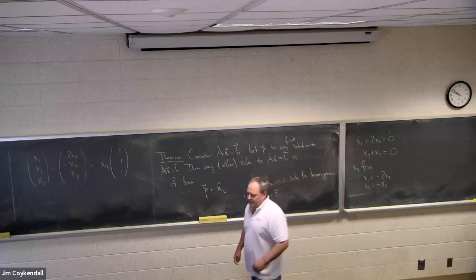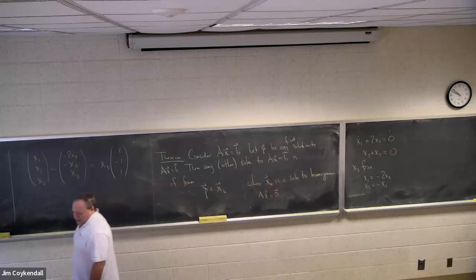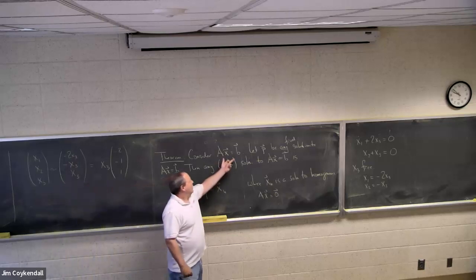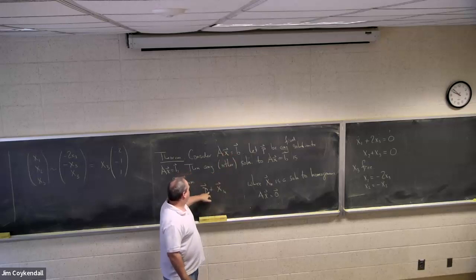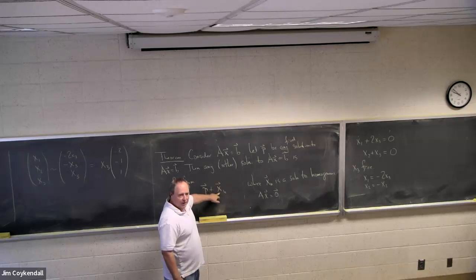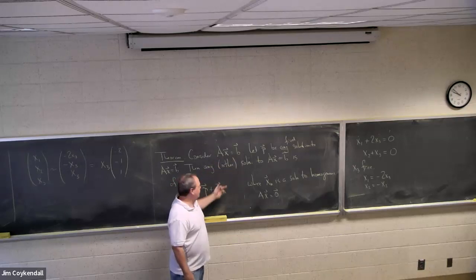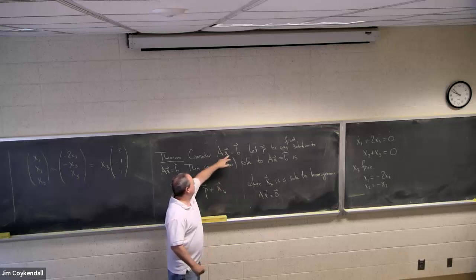This is actually a fantastic result, and it tells you a lot about the structure of the solution. What this means is, any solution is in terms of a particular given solution plus a homogeneous solution. And it doesn't matter which solution you get. You can have two different solutions to this, they're both in this form, right?